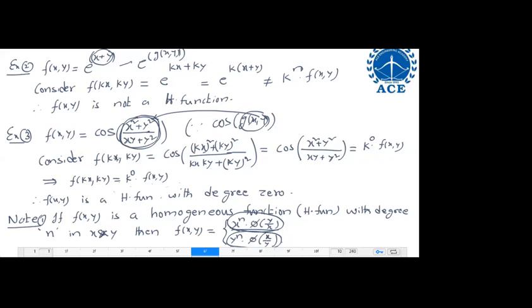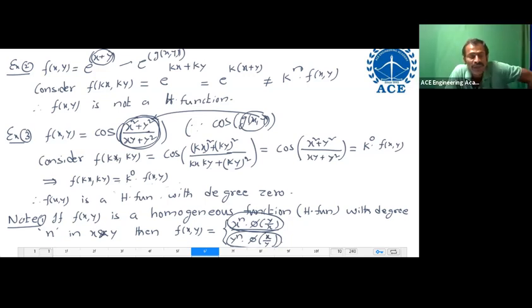Okay, sir. Like in example 2, the degrees of x and y are 1, 1, sir. But that is a homogeneous function with degree 1, not degree 0. The whole function x plus y is a homogeneous function with degree 1, not degree 0. That is why the exponential is not a homogeneous function. In example number 3, x square plus y square divided by xy plus y square is a homogeneous function with degree 0.